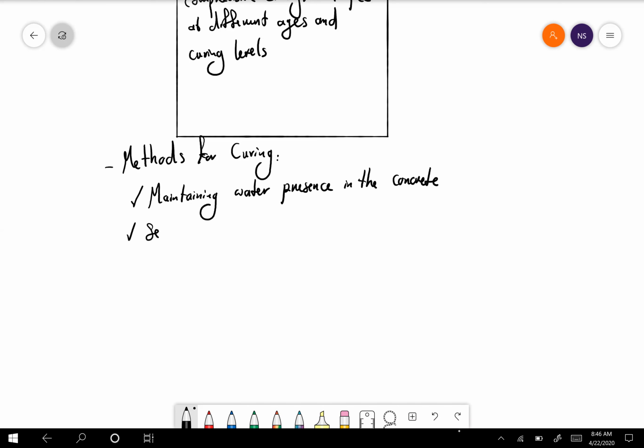Also, it includes sealing of the concrete surface, and sometimes it requires heating and adding additional moisture.